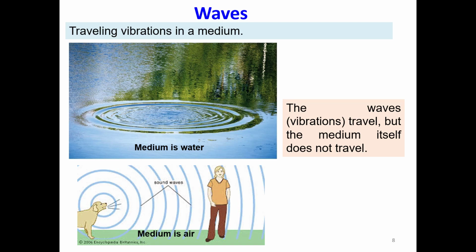What is traveling is just the vibration. In this case, we have vibrations in water, as the medium is water. In this case, we have vibrations in air, which can be sound, for example. Then the medium is the air.